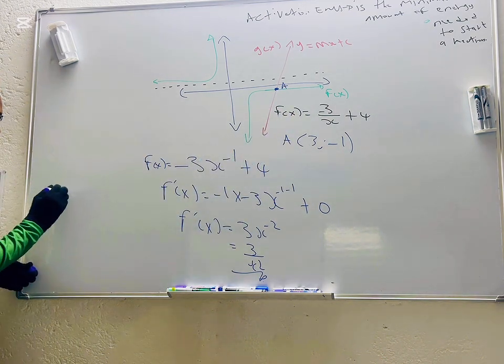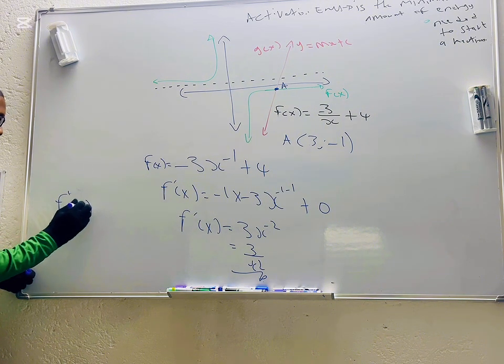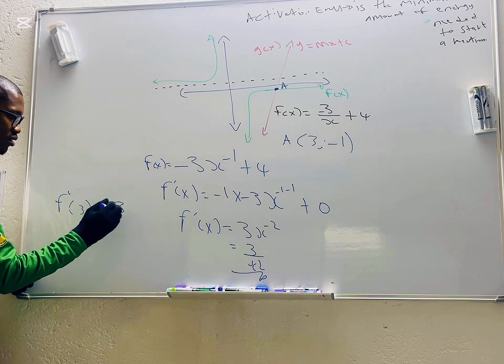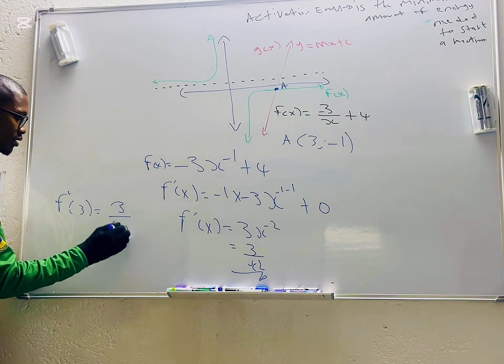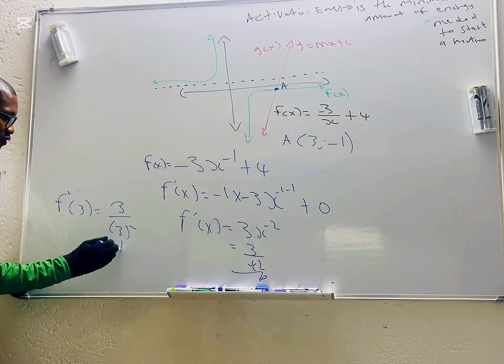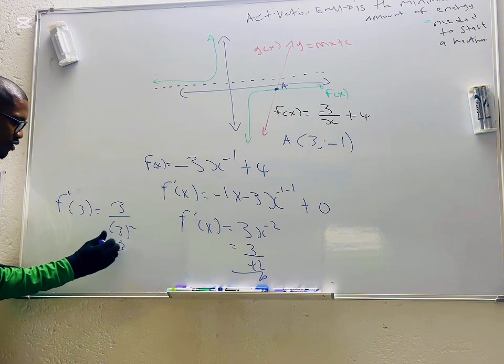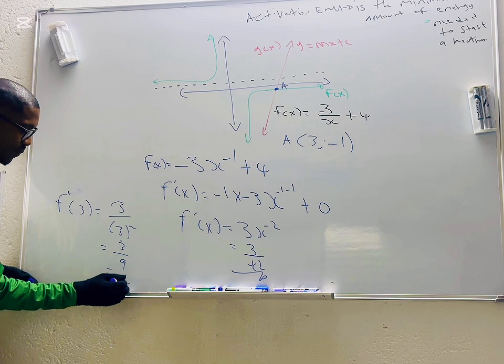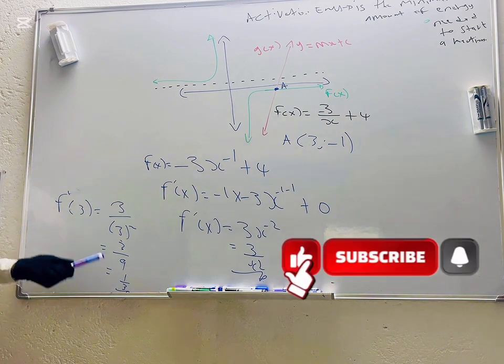You say f dash of minus 3, which is positive, equals 3 over 3 squared. Believe me, this is going to give us 3 over 9, which is the same as 1 over 3.